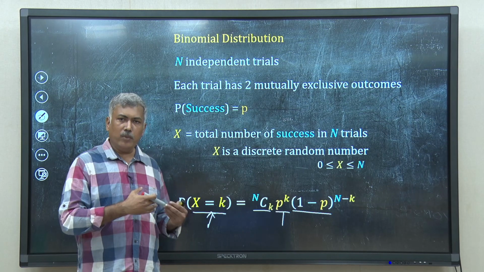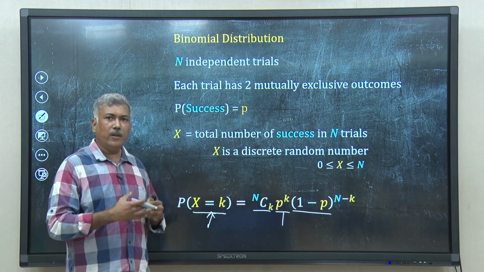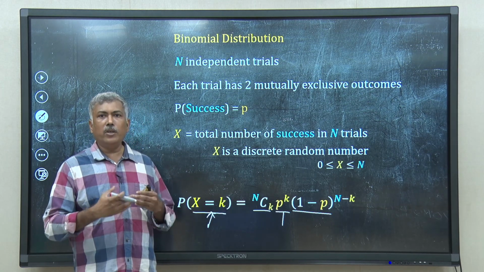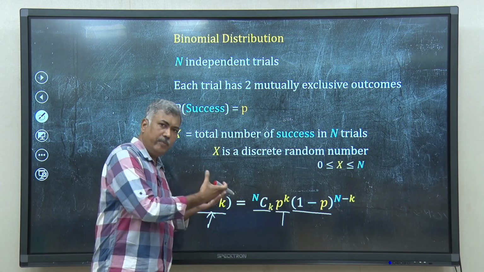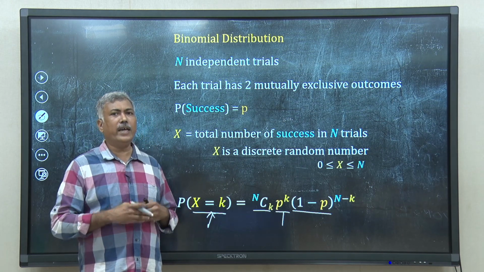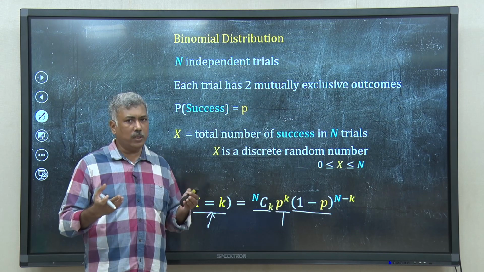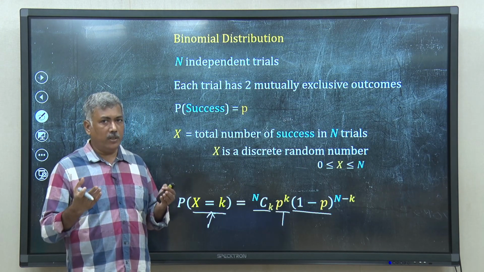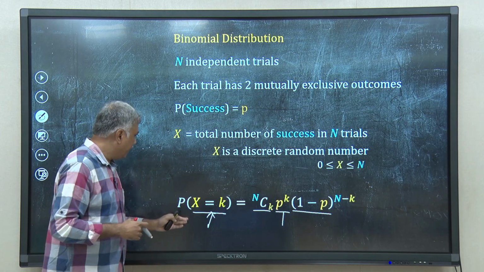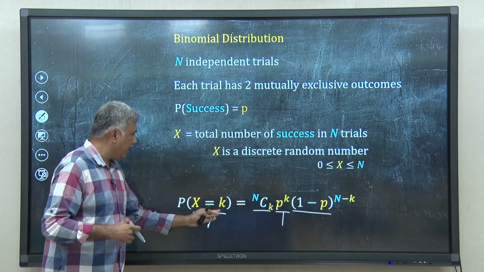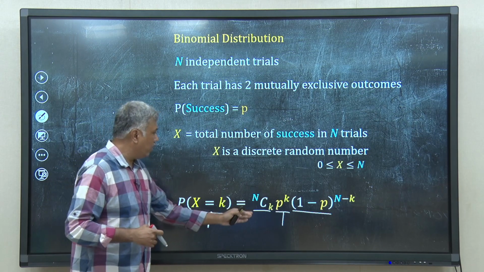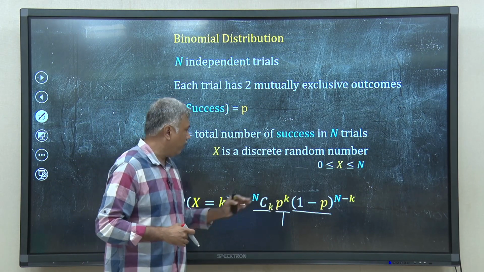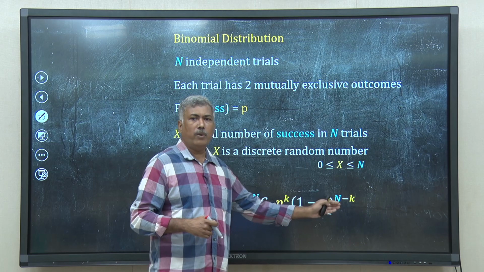In our coin toss problem also we had the same relationship, because coin toss is exactly the same problem. I have n independent trials. In each case I have 2 possible mutually exclusive outcomes, and a probability of success, that is probability of head, is given to me. Then the probability that x will take a particular discrete value is equal to n choose k p to the power k into 1 minus p to the power n minus k.